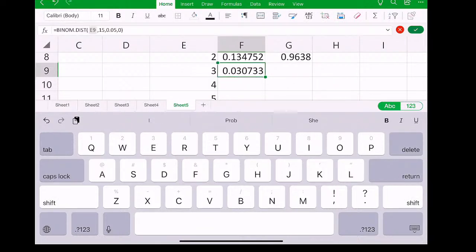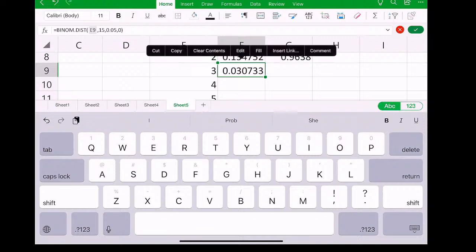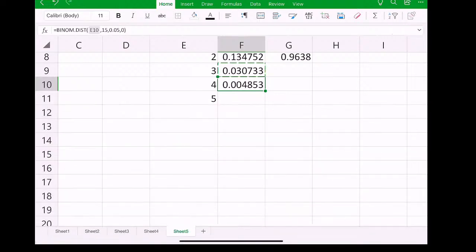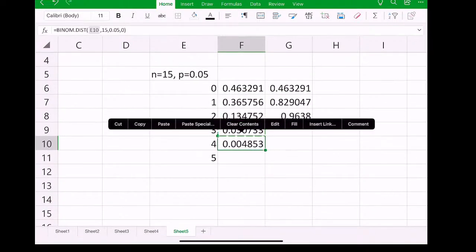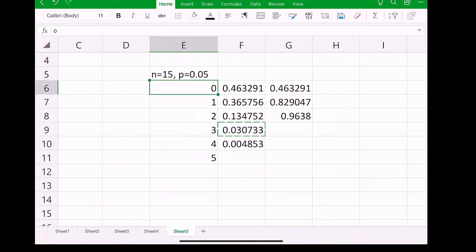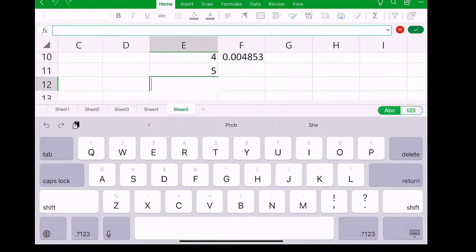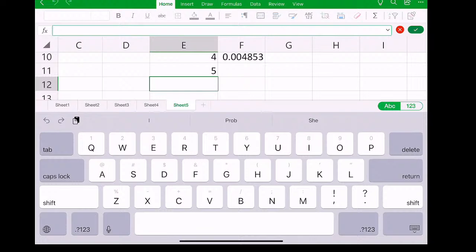So then when I copy this, it should, yes, okay. All right, so now it's using whatever I put here. So I can go all the way to 15. No, that didn't work.